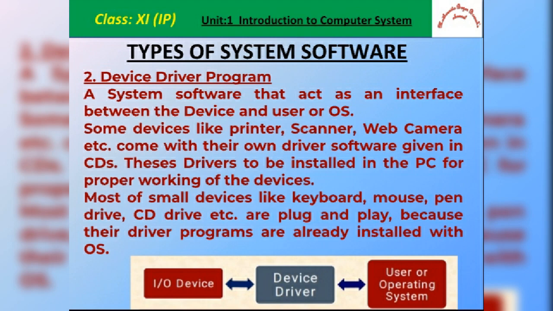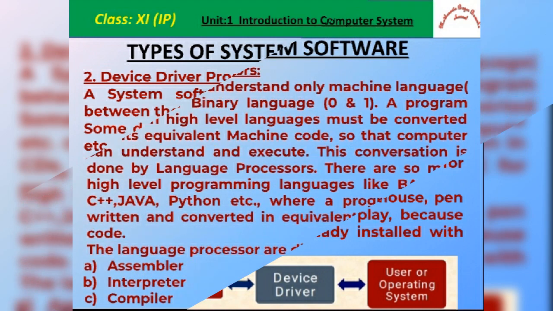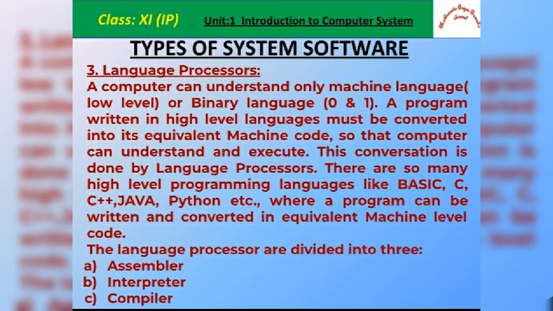Then the next is the language processor. The computer can understand only machine language, meaning the binary form 0 and 1. A program written in a high level language must be converted into the equivalent machine language code so that the computer can understand and execute it.